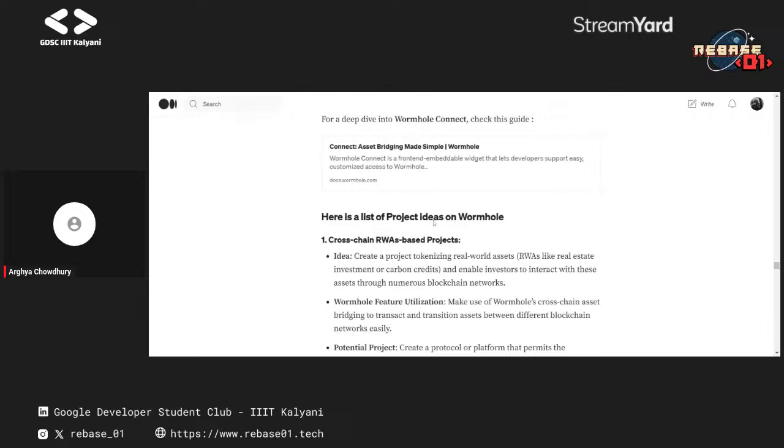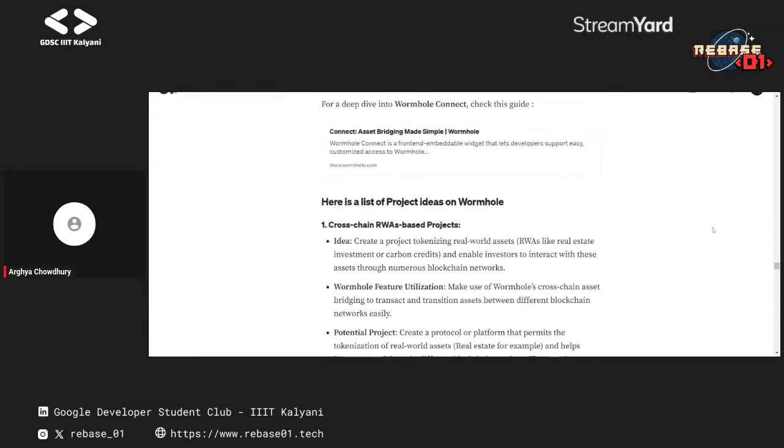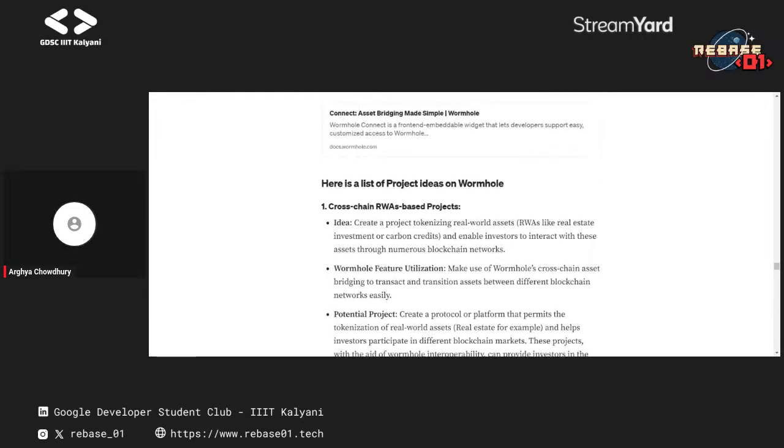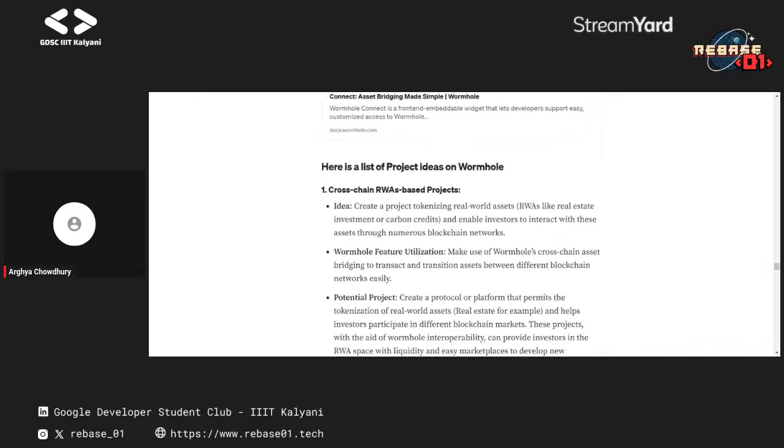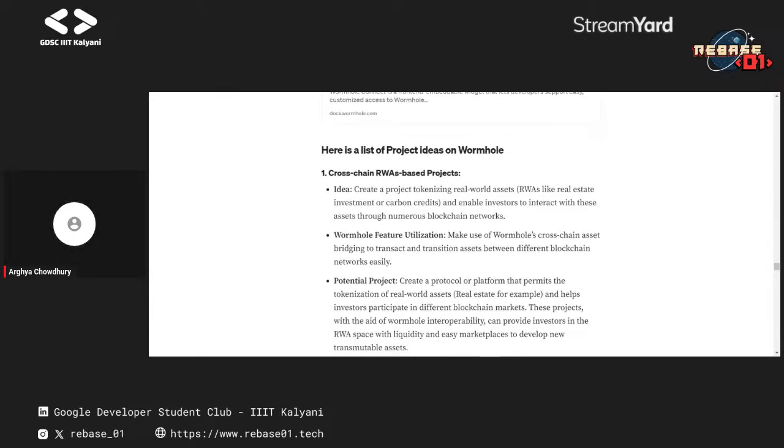So yeah, I think this is visible. The first project idea is the cross-chain RWA based project. Now, what is RWA? As I mentioned, RWA is basically real estate investment, carbon credits, and all those assets. What you can do is make NFTs out of them.